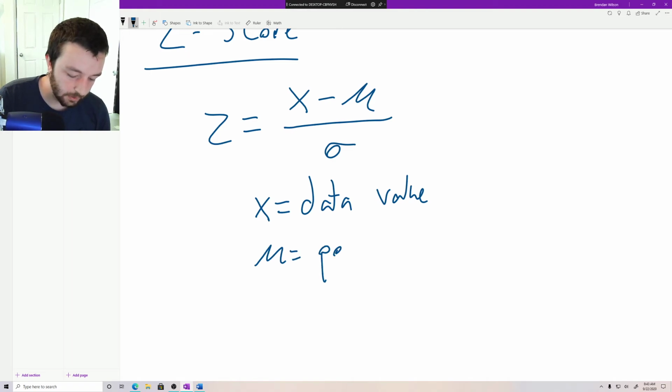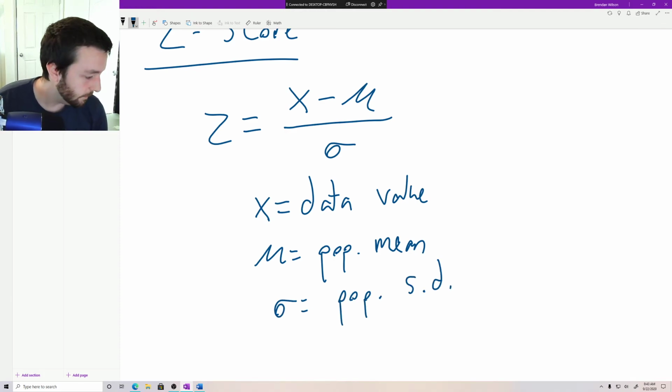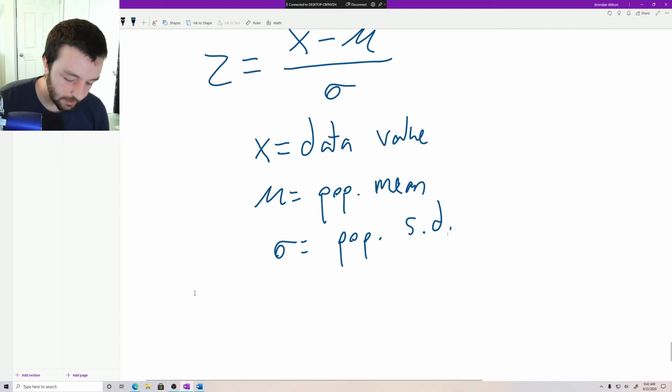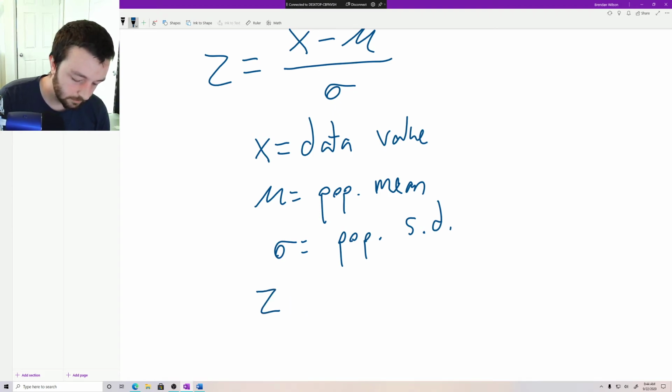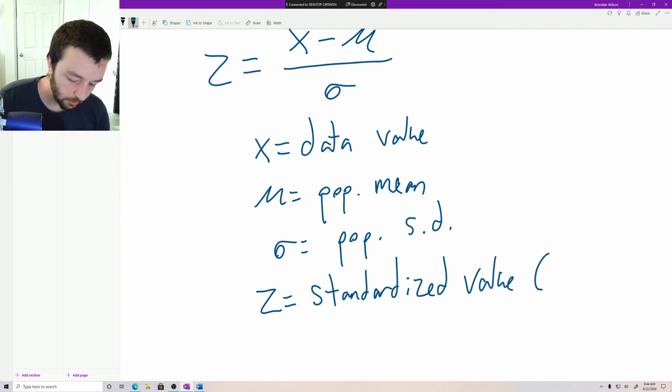Mu is the population mean. Sigma is the population standard deviation, just as it's always been. And our z is what's called the standardized value, or the z-score.